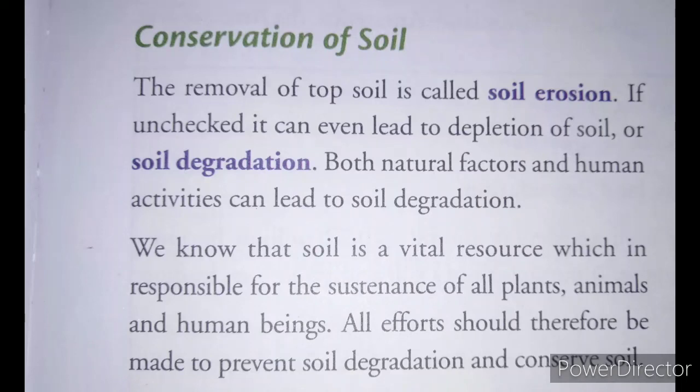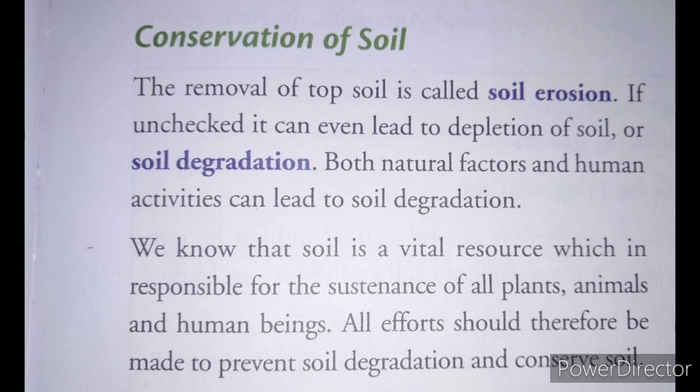Myself, Vishal Pandey, and let us continue the topic land, soil, and water resources. So, today we are taking conservation of soil. If you see how we can conserve the soil, how we can protect the soil, the removal of topsoil is called soil erosion. If soil is carried away by water or river, then that particular work is called soil erosion.